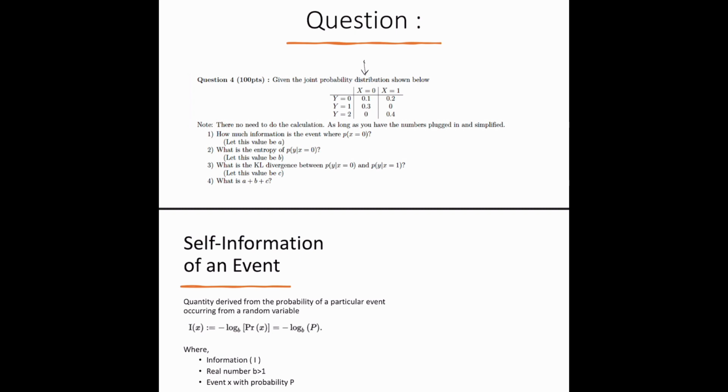I'm talking with respect to this table here. You can see for x is equal to 0 and y is equal to 2 it is 0, and for x is equal to 1, y is equal to 1, it is again 0.